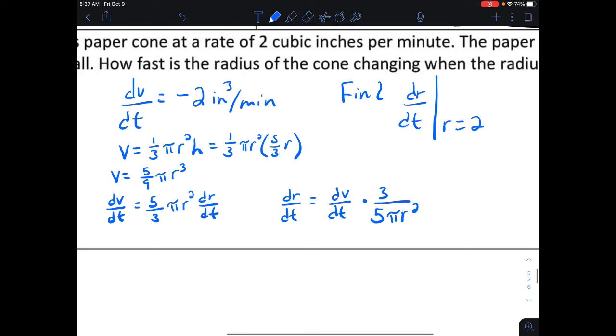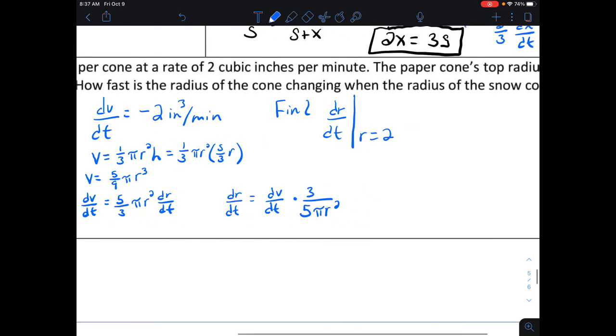Now we can plug in our values. Now we come to our find line. Now that we know what dr/dt would be, dV/dt is -2. So I have -2 times 3 over 5 times pi times 2 squared. And then we would just simplify as much as we could from there.